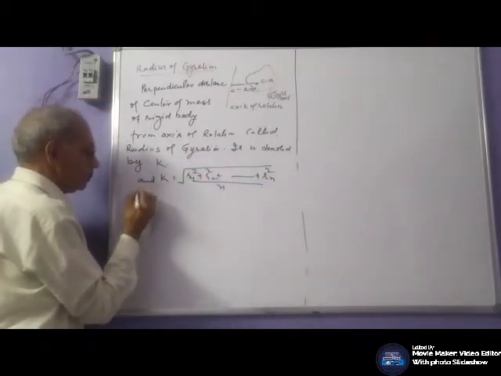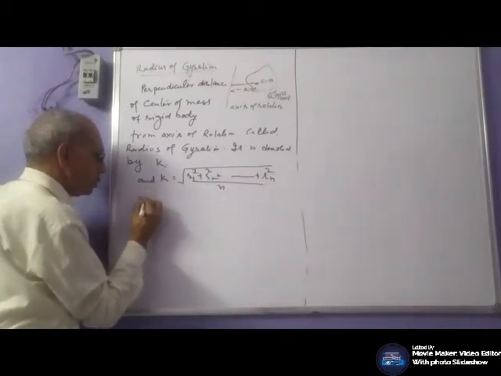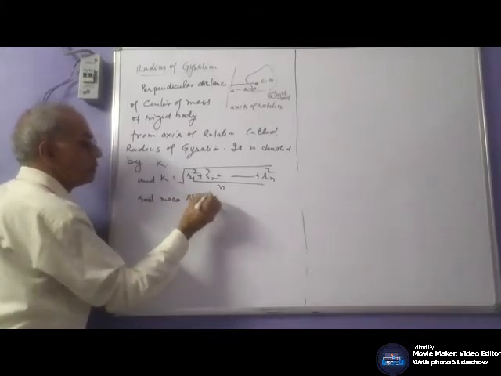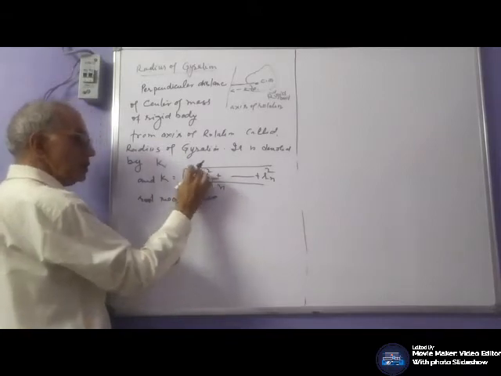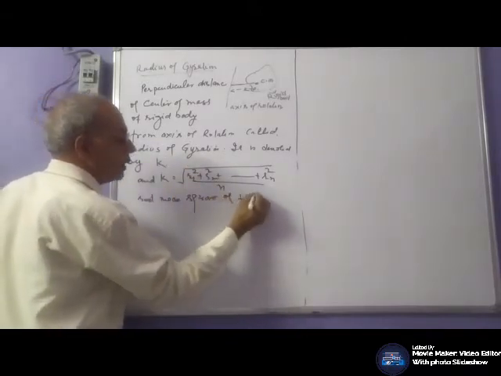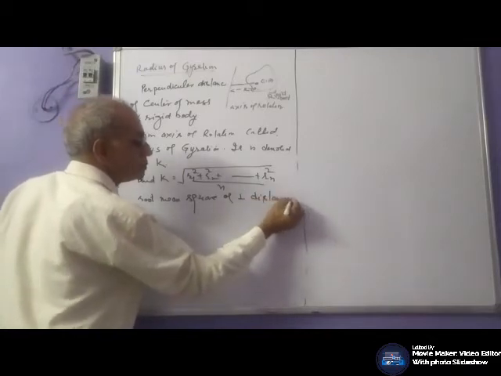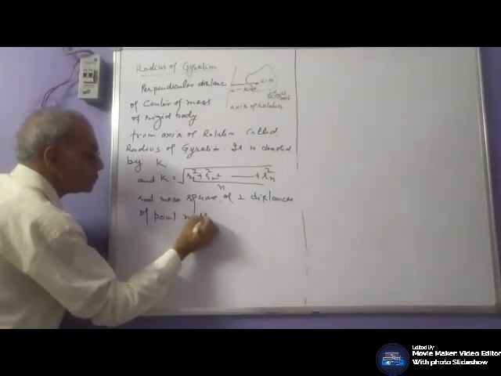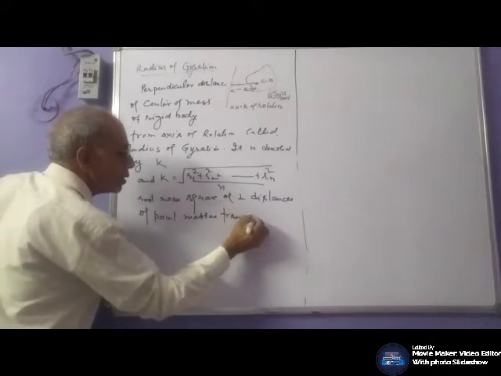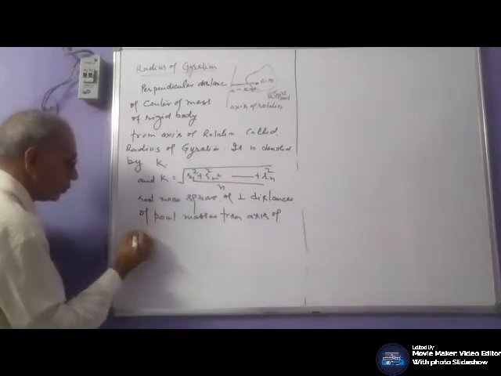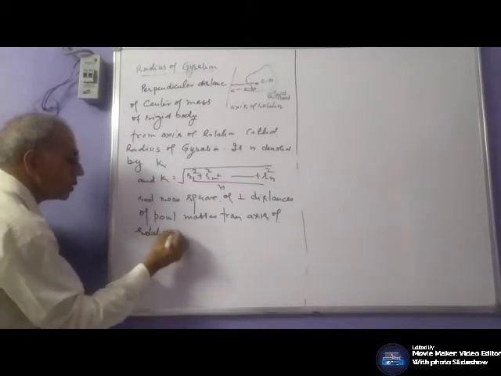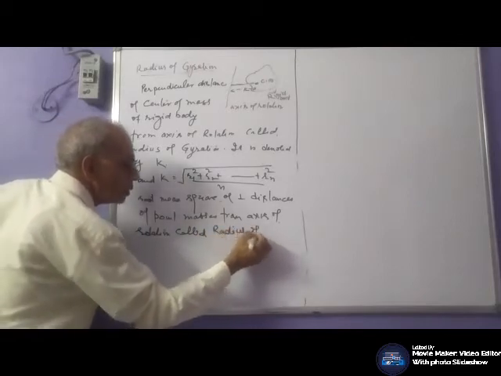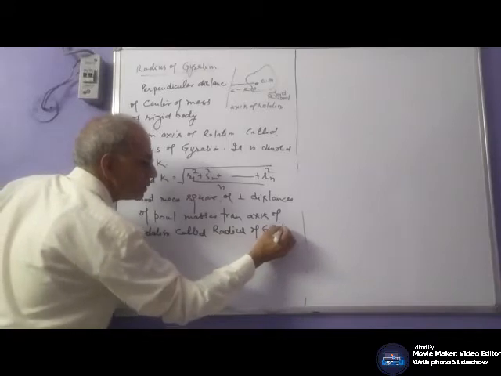So another definition: the root mean square of perpendicular distances of point masses from the axis of rotation is called radius of gyration.